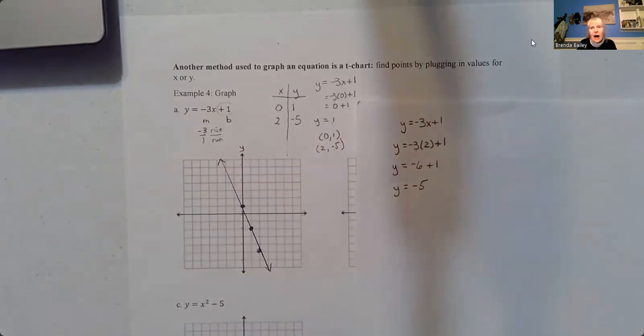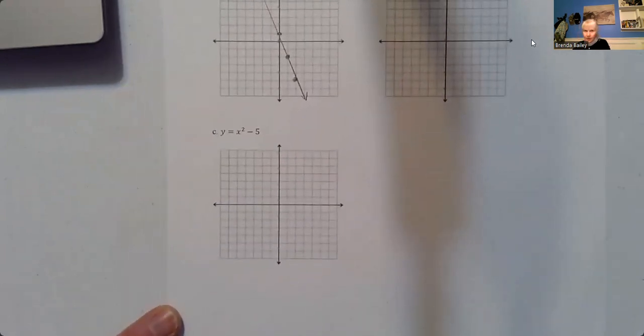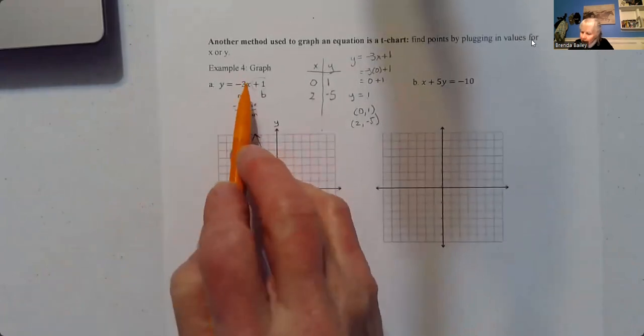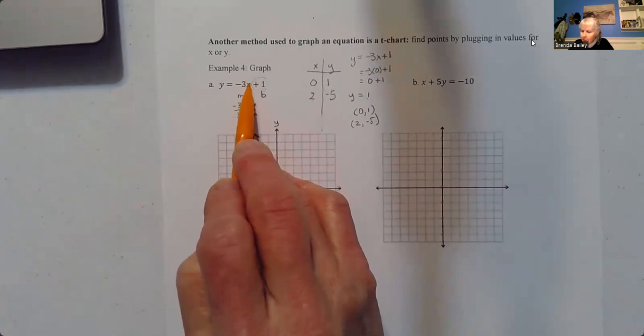All righty. Now, the next method that we're going to look at is in the next section 3.3. We'll talk about that method in section 3.3 in the next video that I'll do. Now here, we're going to skip to what happens if I change the exponent on the x?